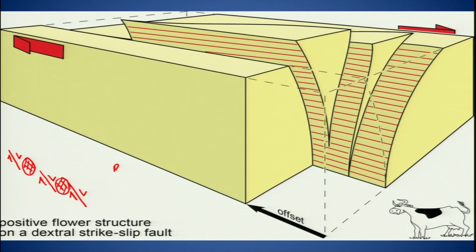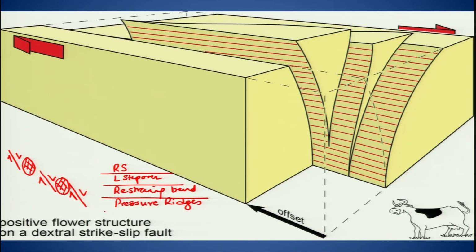So again we have right lateral strike slip, and we see the left step over, and we see a restraining bend, or we can say formation of pressure ridges. So this you will see, and what we look at is the positive flower structure.